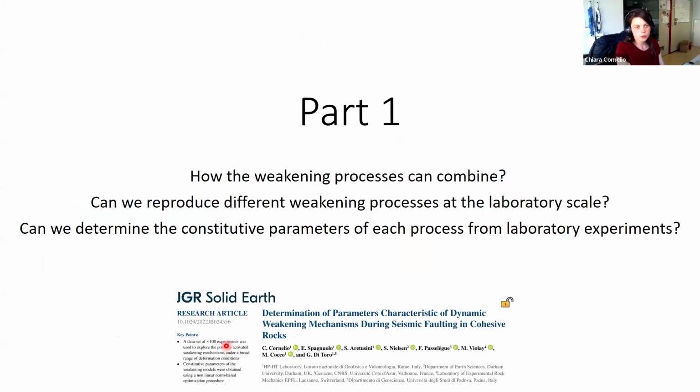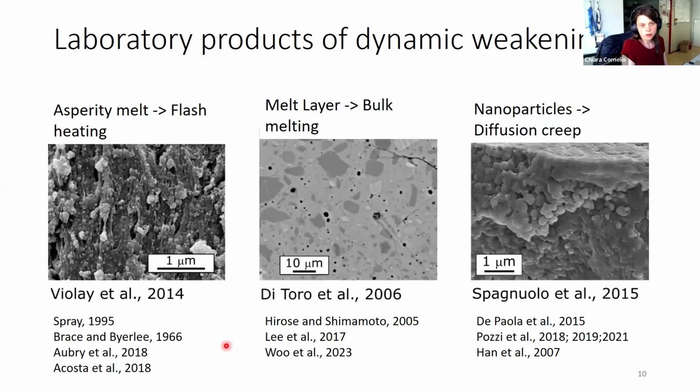So starting with part 1 of the presentation, in this part we are going to see the dynamic weakening occurring at the laboratory scale. And we know from microstructures that multiple weakening mechanisms are occurring also at the laboratory scale. For example, here on the left, we can see that, first of all, we have the formation of small patches of melt.